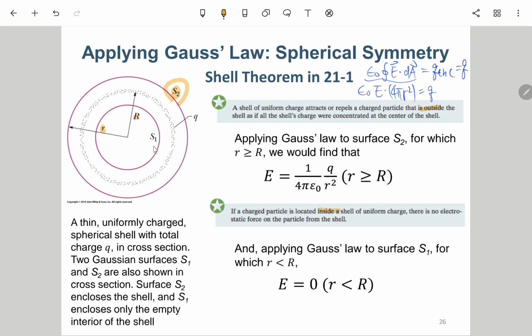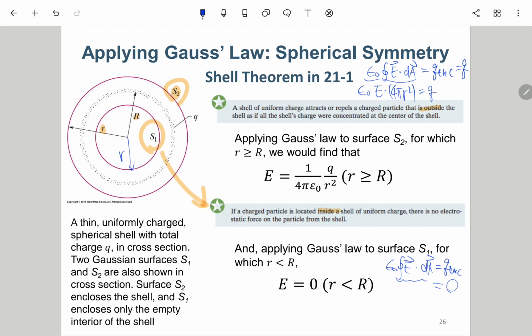So for this case, we assume that S1 has a radius smaller than the spherical shell. In such a way, when we apply the Gauss law, Q enclosed is 0 because all the charge is outside, so this is 0.